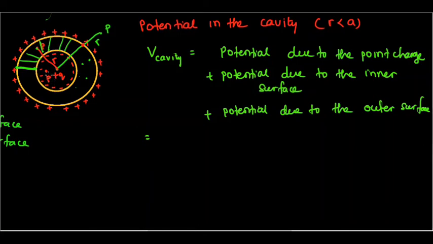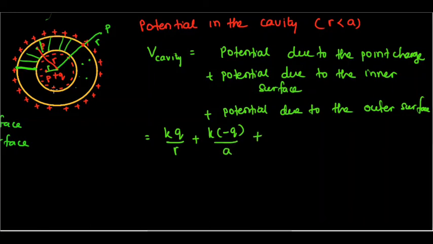Again, the point P is at a distance r from the center, or from the point charge plus q. So the potential due to the point charge at that point P will be k q by r, and the point P lies inside the inner shell. So the potential due to the inner surface will be k into minus q divided by a, where a is the radius of the inner surface.